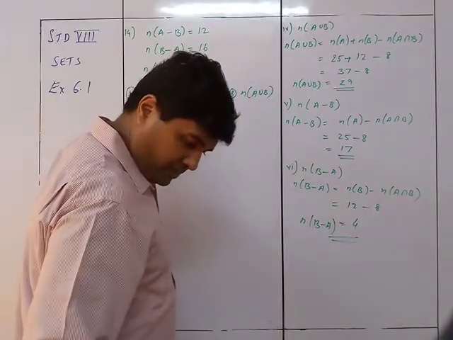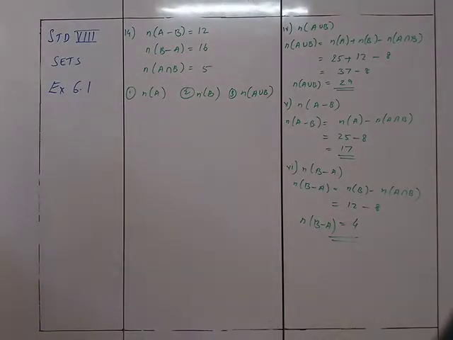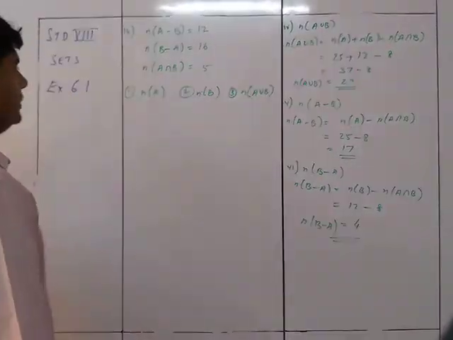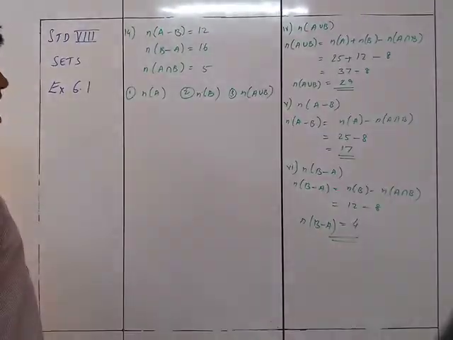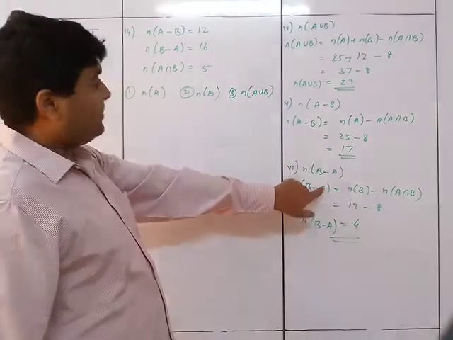Oh, sorry. This is the intersection. So we have the intersection and we have A minus B, so we can use the formula we used earlier.